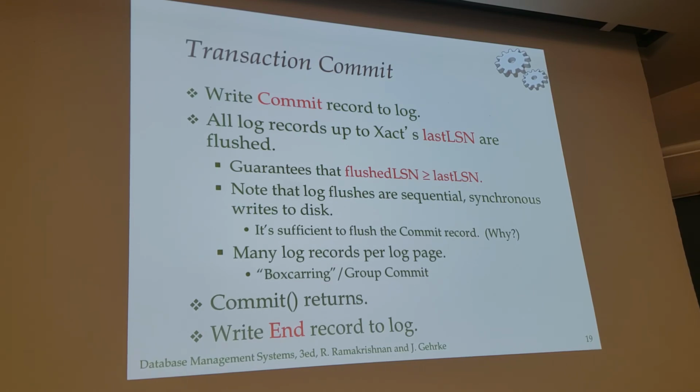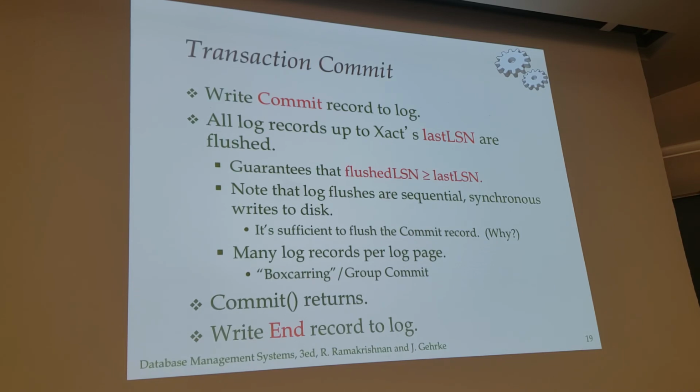And all the log records up to its last LSN have to end up being flushed, which will guarantee that flushed LSN is greater or equal to the last LSN, which is that second condition that I require for write-ahead log, right? For the second condition for write-ahead log, number 2.